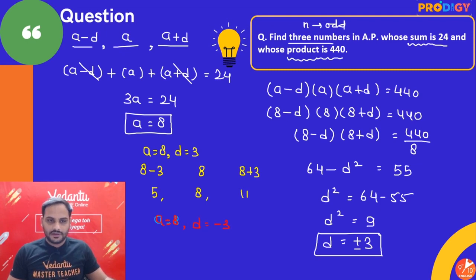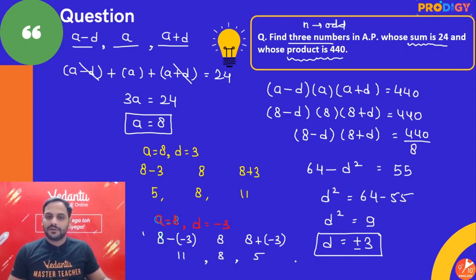Let me use white only. So A is 8 and D is equal to minus 3. First term will be A minus D. Second term is 8. Third term is 8 plus D. So it will be 8 minus of minus 3 is plus 3, 8 plus 3 is 11. 8, and 8 plus minus 3 is 5.